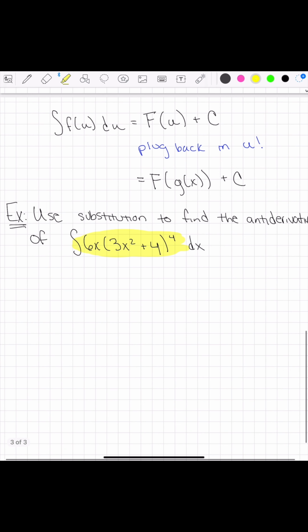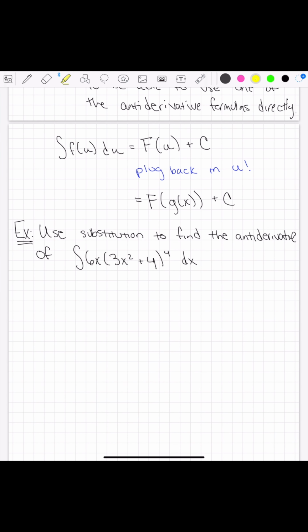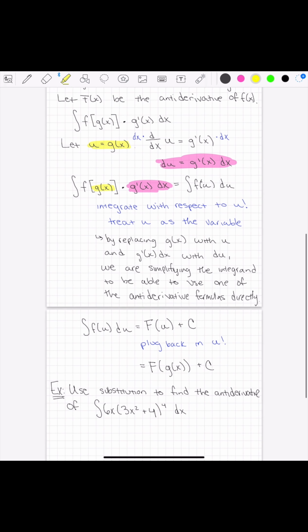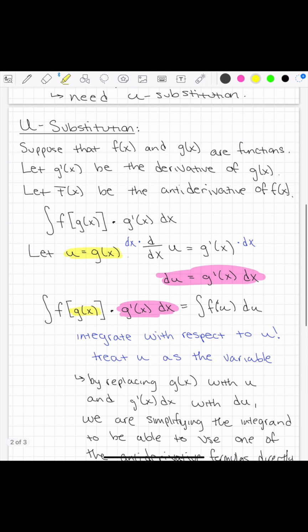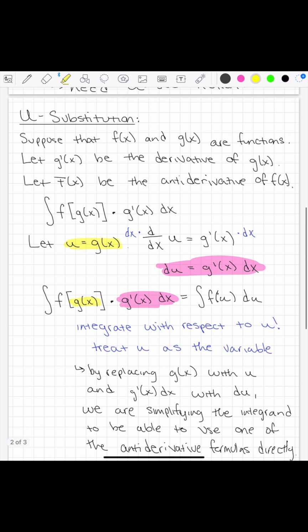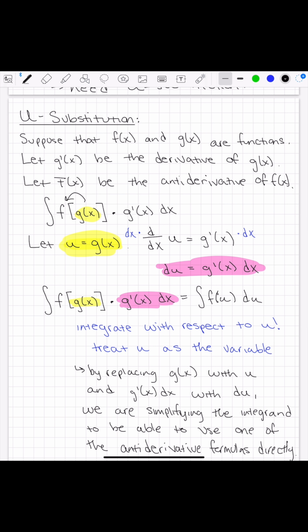And another technique is, how do we decide what to make u? Well, if you notice, when we did the statement, we made u equal g of x, and g of x was inside some other function. So whatever you make u, it has to be inside of another function, and on top of that, remember, the derivative of u, which is g prime of x, must be multiplied by dx.